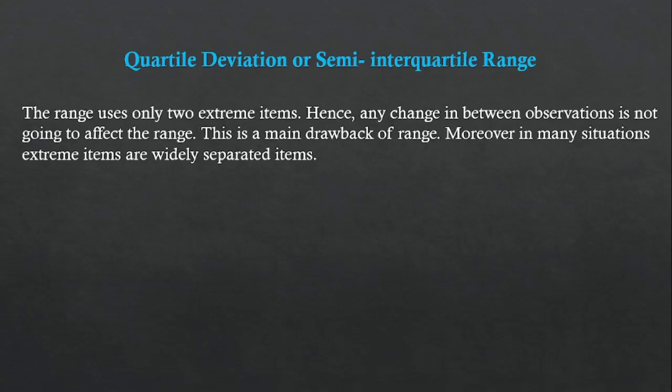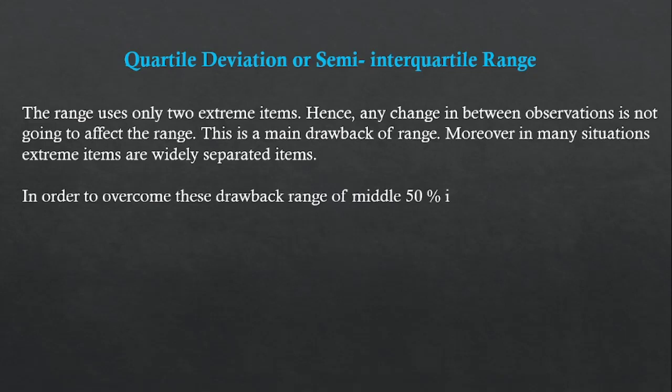That means when we find the range, we use only the smallest and largest observation. We do not consider in-between observations. In order to overcome this drawback, the range of the middle 50% of items is computed.